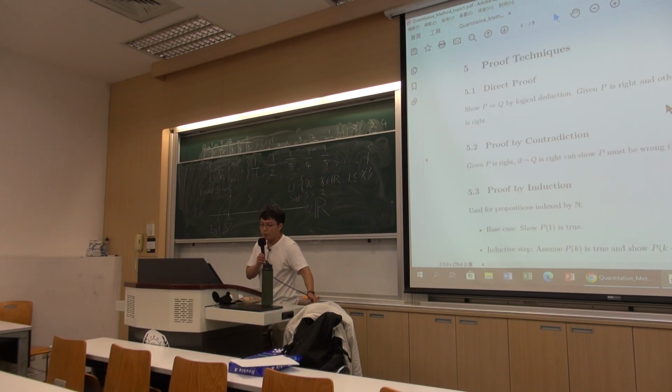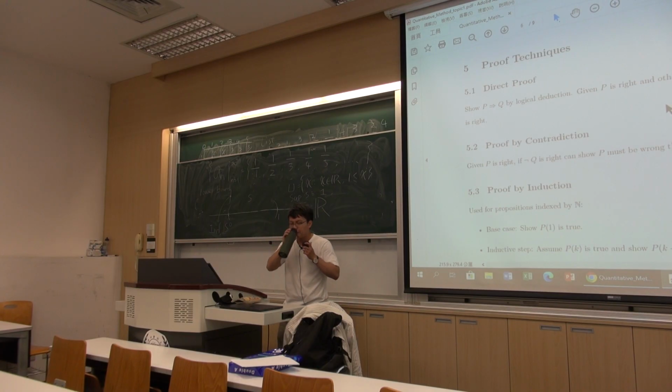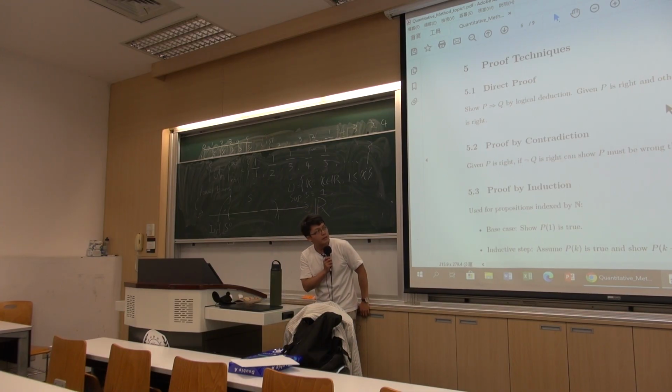The final part of today's section is more technical. It's not that interesting. But I think in your final exam, you also have to write down a few proofs. I should say a lot of proofs.